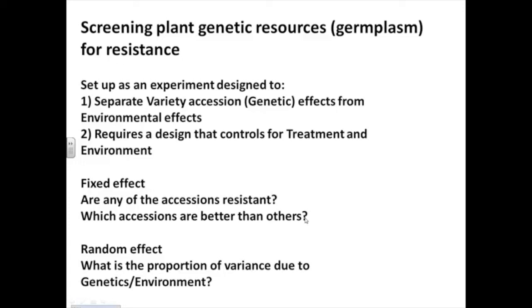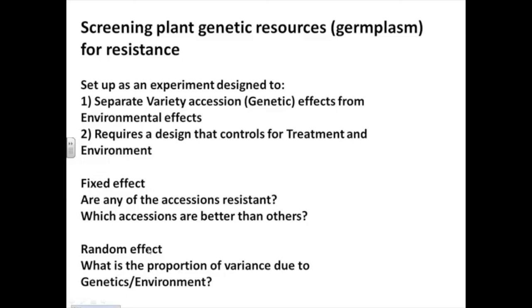If, on the other hand, we want to know what the proportion of variance due to genetics and environment is, we're in that random effect question. Okay, so most statisticians are going to tell you that you should know going into the experiment whether you're working with fixed effects or random effects. I tend to look at this from a tool user's point of view.